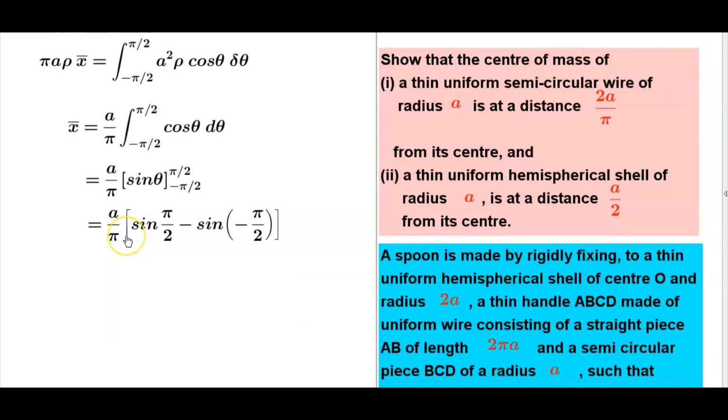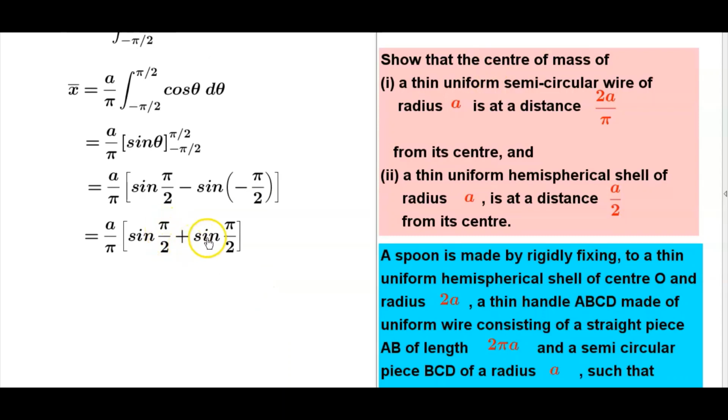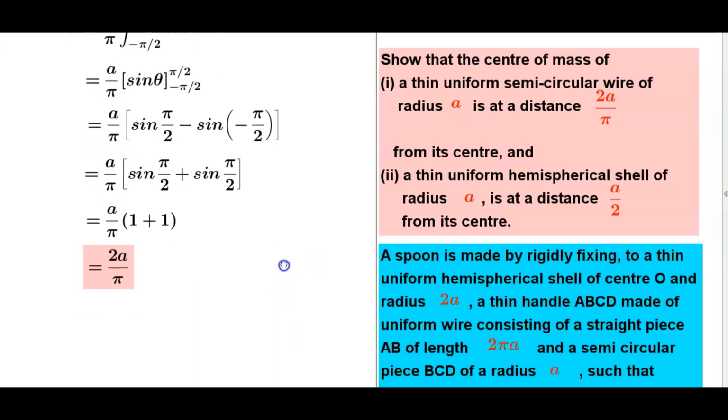This is A over pi into sin pi by 2 minus sin of minus pi by 2. Sin of minus theta is minus sin theta, so minus into minus gives plus. Therefore A over pi into sin pi by 2 plus sin pi by 2, that is 1 plus 1, 2. So 2A over pi is the x bar.